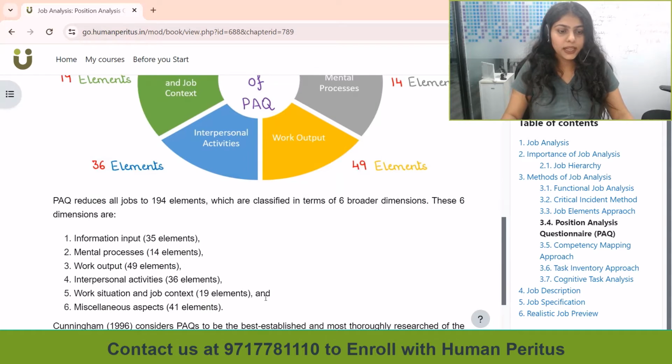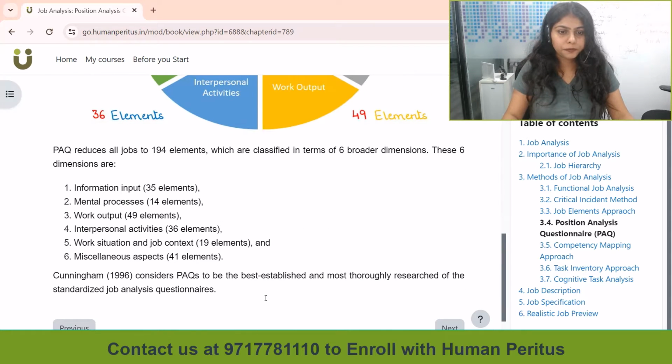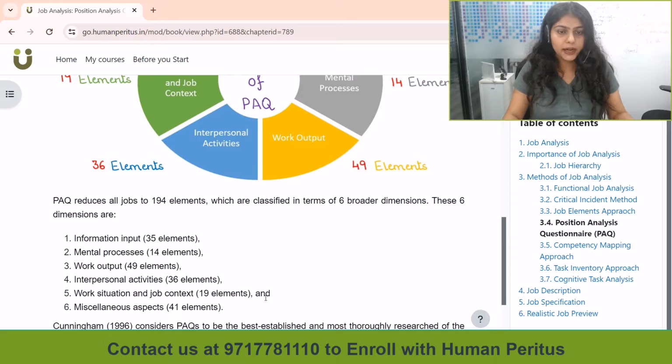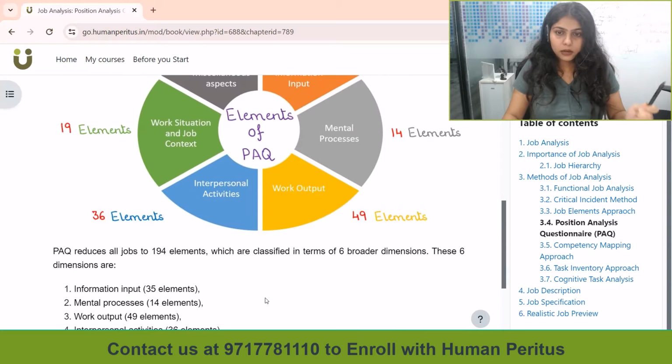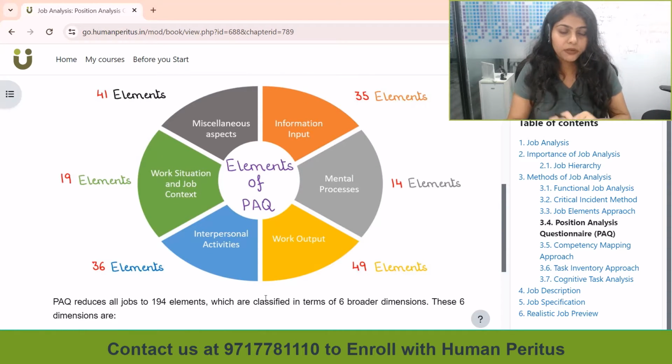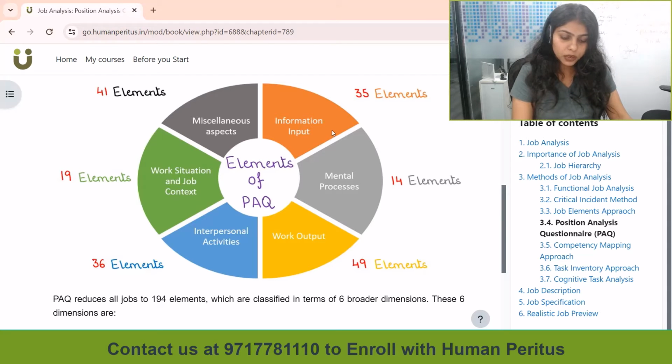So let's see these dimensions and their respective share of elements. So we have miscellaneous aspect with 41 elements, information input 35 elements, mental processes 14, work output 49 elements, interpersonal activities 36 elements, work situation and job context 19 elements.